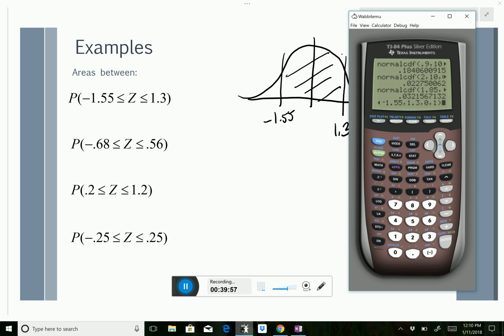Paste. Okay. So here we have 0.8426. Yep, it's fairly high. It's 84.26%, so that's not bad. Let's look at this next one. Normal CDF number 2, negative 0.68 up to 0.56.